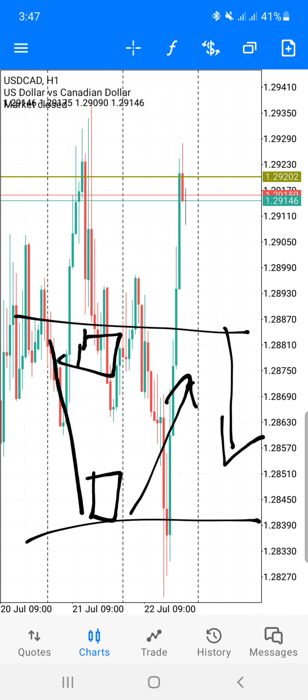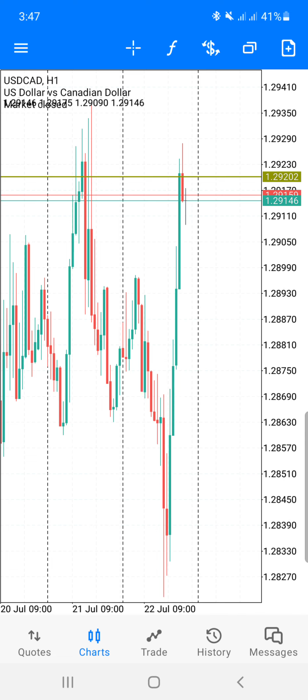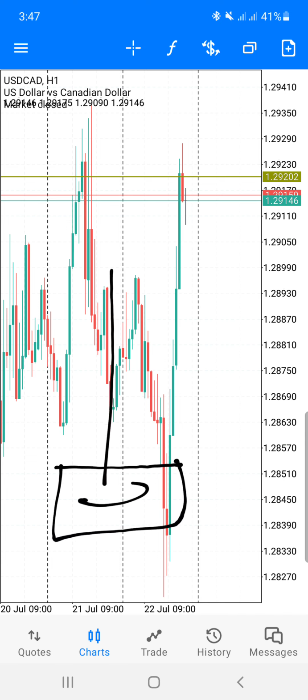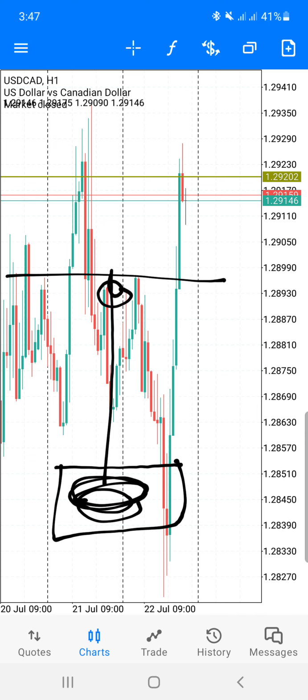Now, rejection candlestick patterns are single candlestick patterns, and they always have very long wicks. I'm going to show practical examples. Like in the case where you see something like this, this is an inverted hammer, right? You see long wicks. The candle will just come to either the resistance or the support.